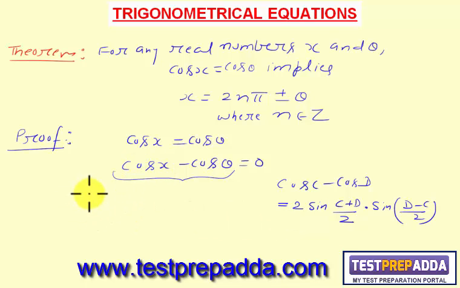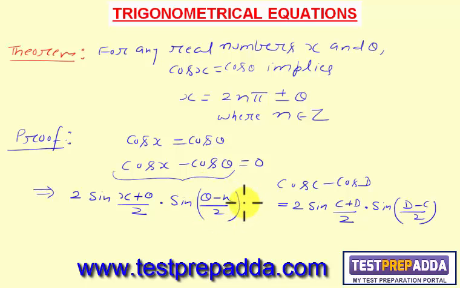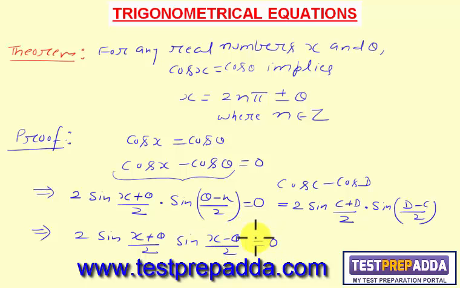Got it? So I can write this as 2 sine x plus theta by 2 into sine theta minus x by 2 equal to 0. And you can write this as 2 sine x plus theta by 2 into sine x minus theta by 2 equal to 0.